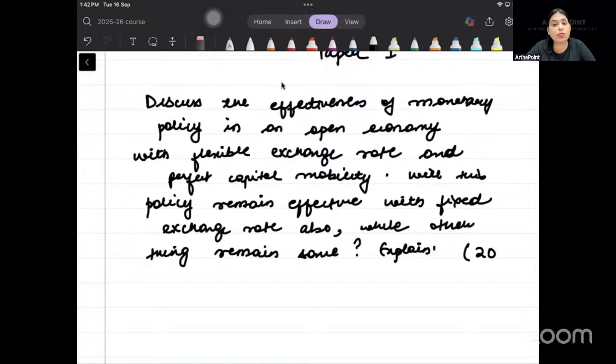The answer should not be small. And we have to make sure that we answer with proper graphs. Only answering in words will not be enough. It should not be a very simple answer to begin with, and secondly, we have to ensure that it covers all graphs.